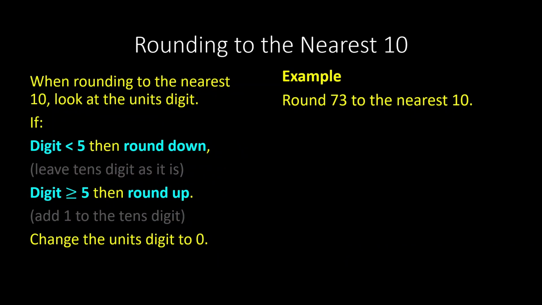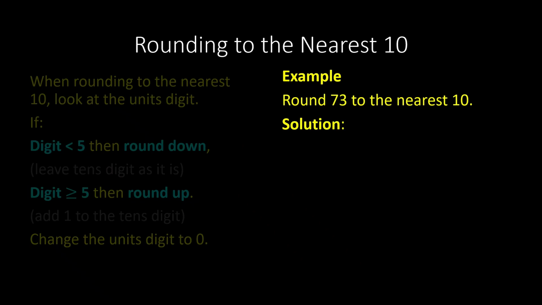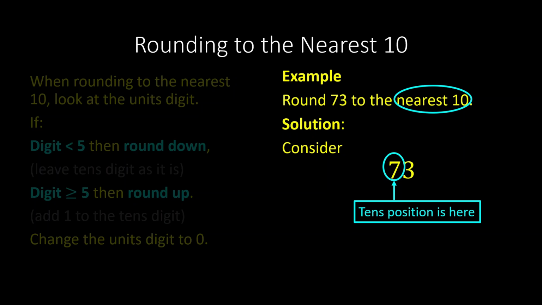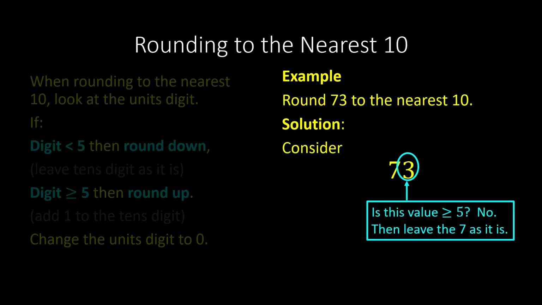We are required to round 73 to the nearest 10. So let's consider 73. Our tens position is here. Since we're rounding to the nearest 10, this is the one we first consider. Then we look to the right of this, the number 3. We ask ourselves, is this value greater than or equal to 5? Clearly, 3 is not greater than or equal to 5.